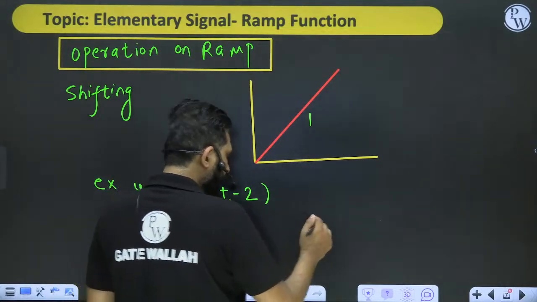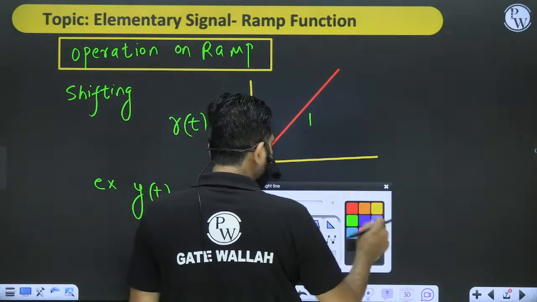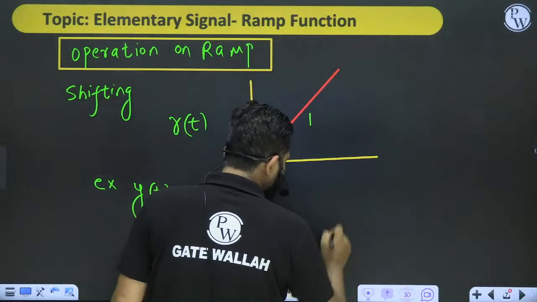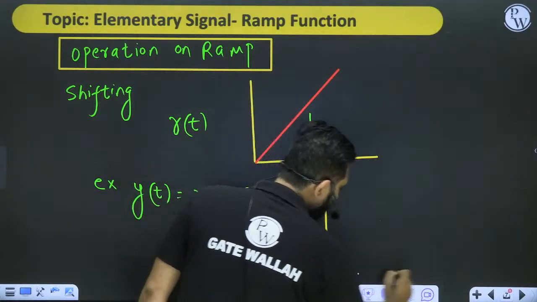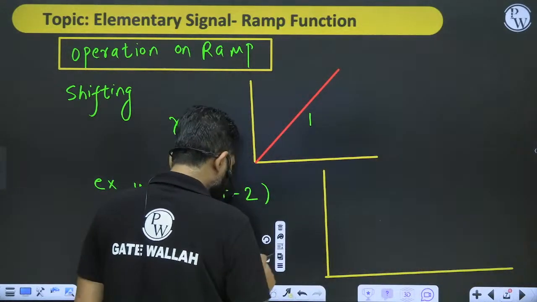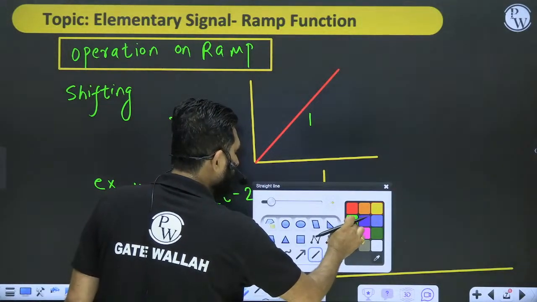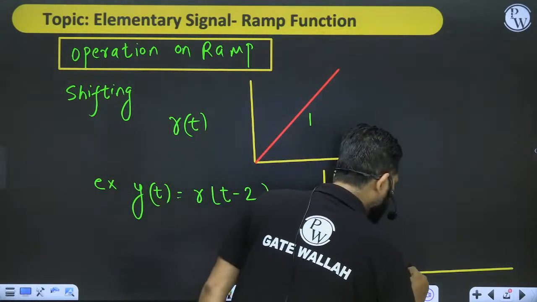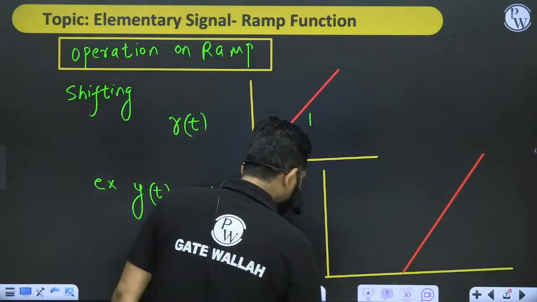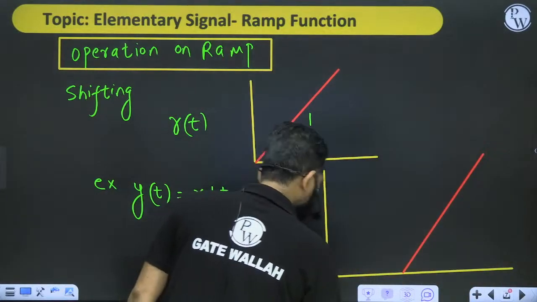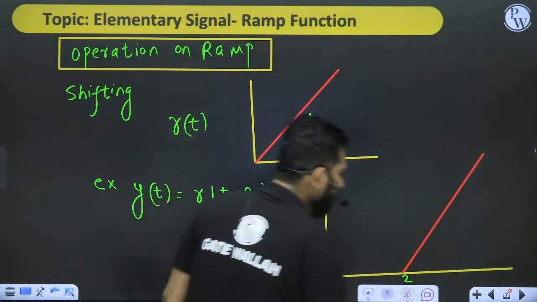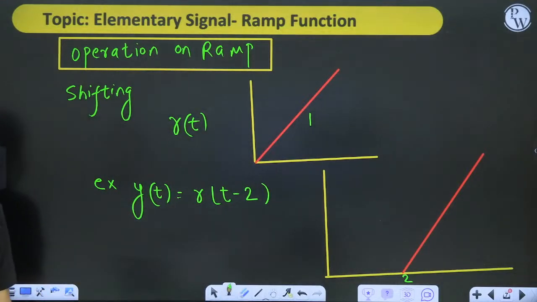So what you will say? You will say that this would be like this one, okay, but this should be shifted by a factor of 2.